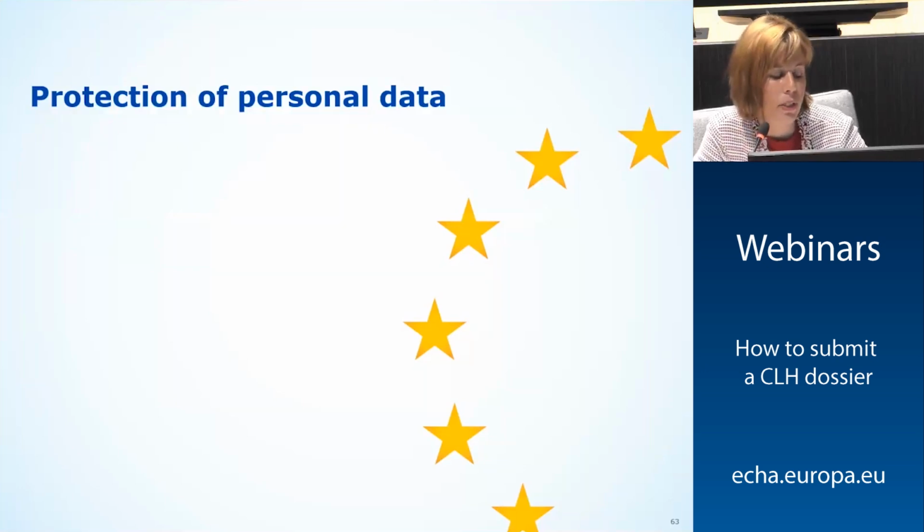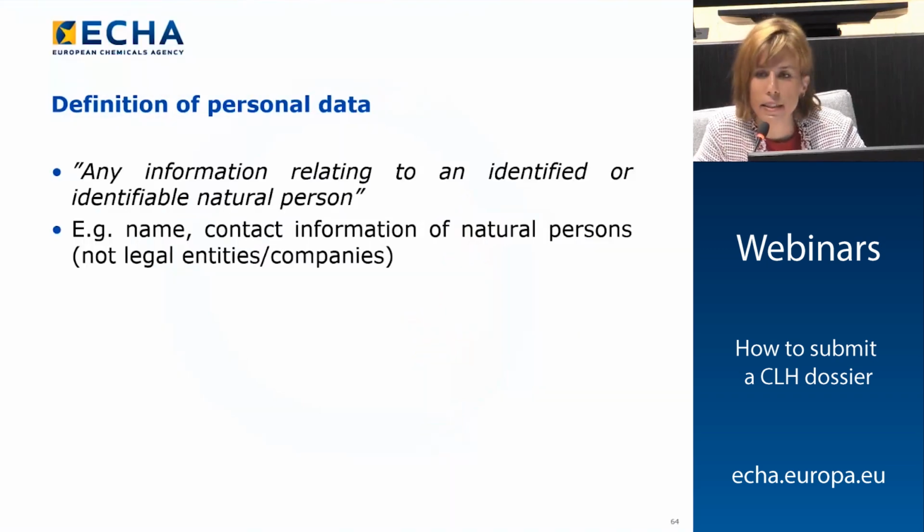It's important to remember that if impurities and additives are claimed confidential in the dossier, so they are put in the confidential annex, the dossier submitter will need to state whether these impurities or additives contribute to the classification. So this is, of course, essential information in terms of the classification proposal.